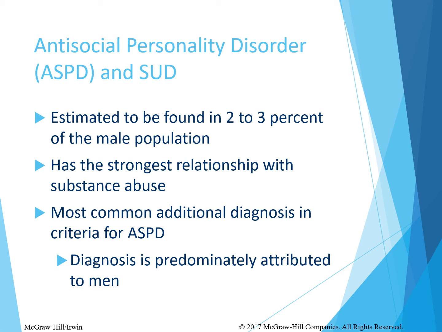Antisocial personality disorder and substance use disorders are estimated to be found in 2 to 3% of the male population. Antisocial personality disorder has the strongest relationship with substance abuse, and the most common additional diagnosis is criteria for antisocial personality disorder.